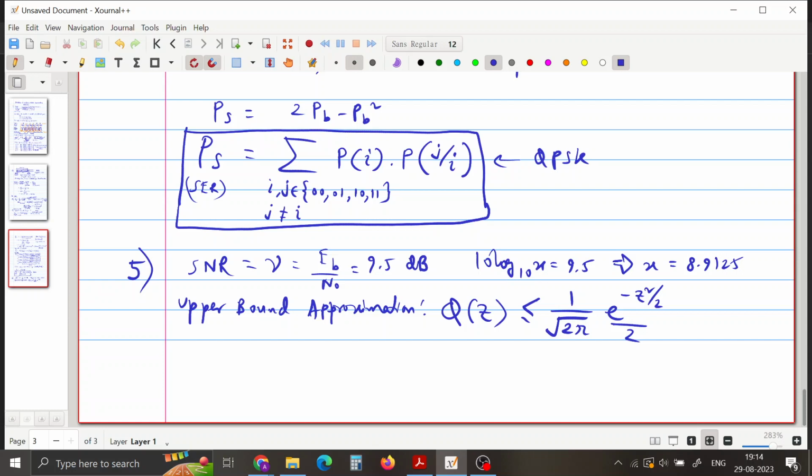You need to use this formula, 1 by square root 2 pi, e power minus z square by 2, divided by 2. You put in whatever your parameter z is. In this case it's 8.9125, the SNR, and you get the value.